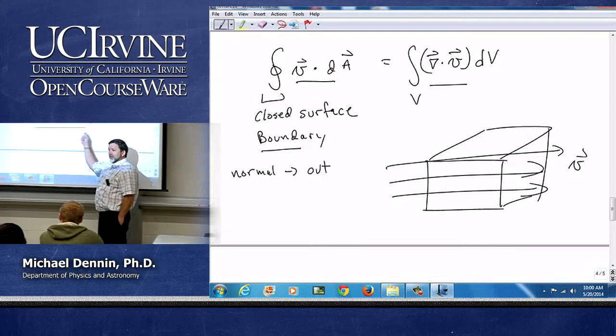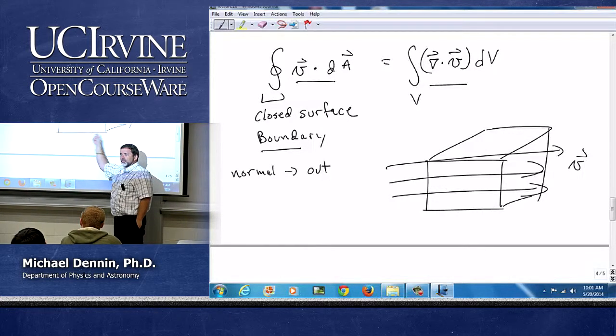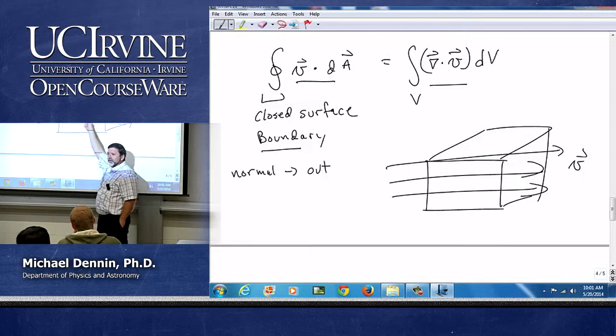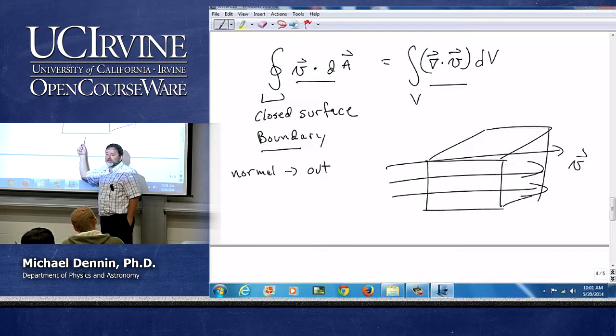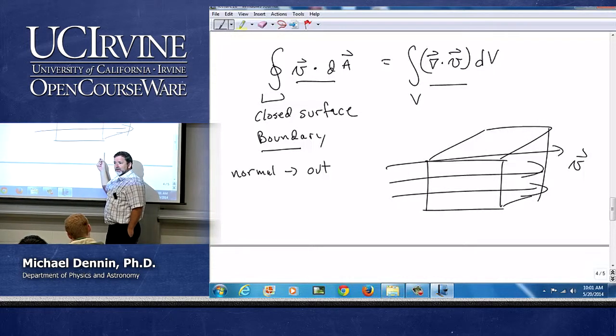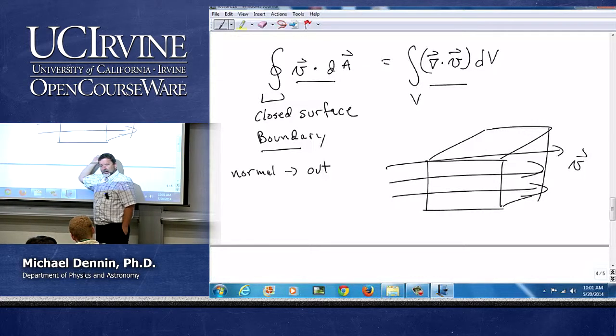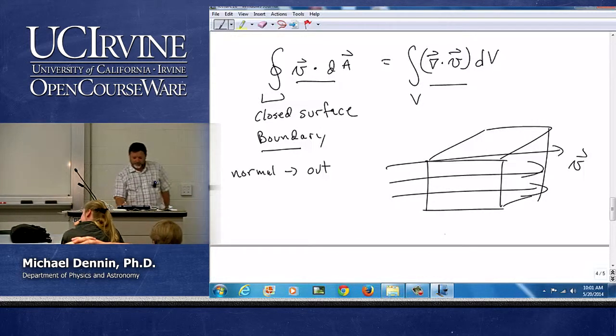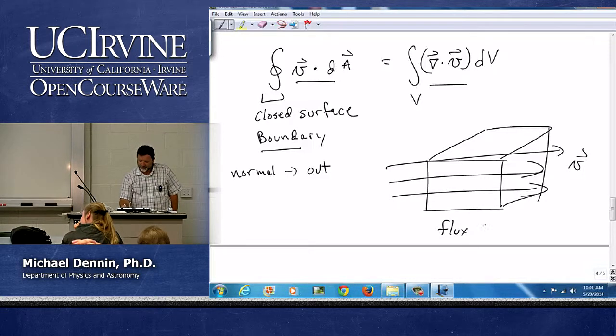Everything in is equal to everything out, but also if I told you this is completely uniform, what does it mean? There's no change. It's constant. And if I take the derivative of a constant, I get zero. So this is the most trivial, uniform, no-divergence field. And any surface I draw, whatever comes in goes out. And so the flux is zero. So this is the pretty easy flux zero case.